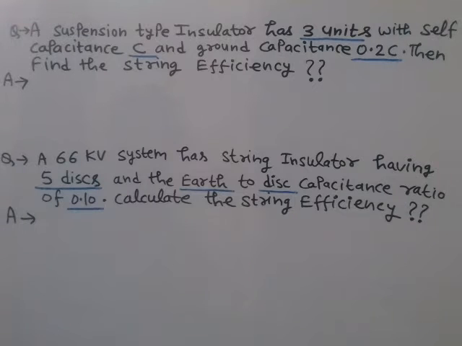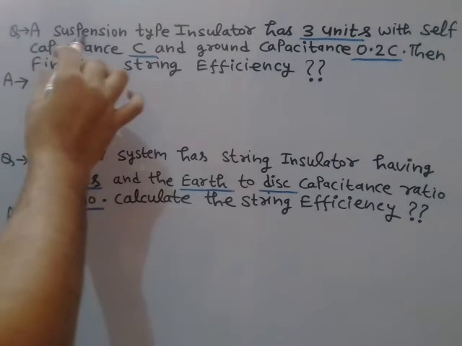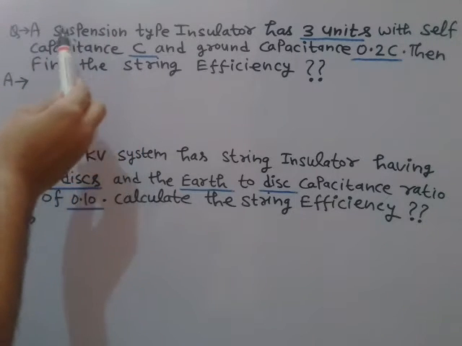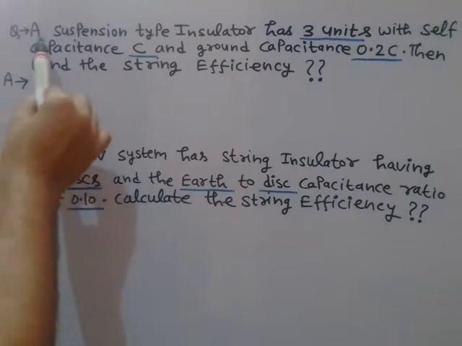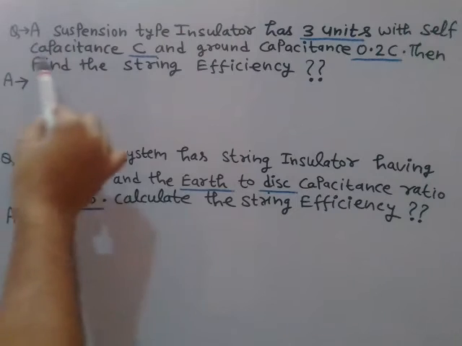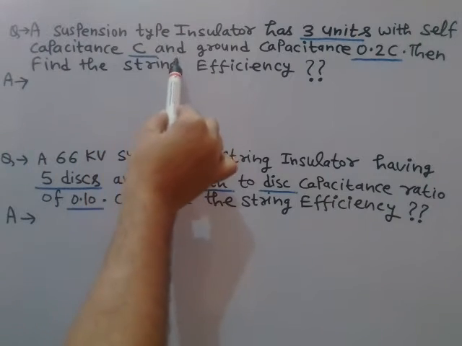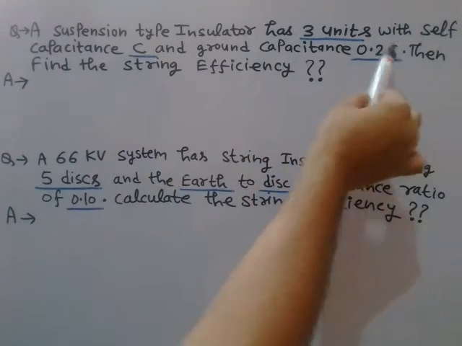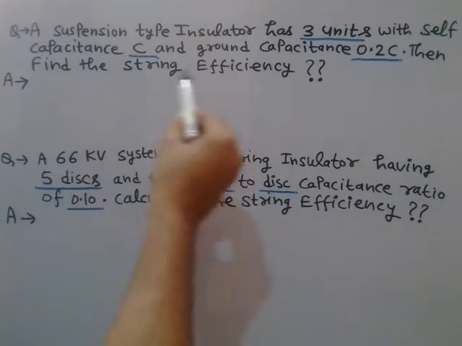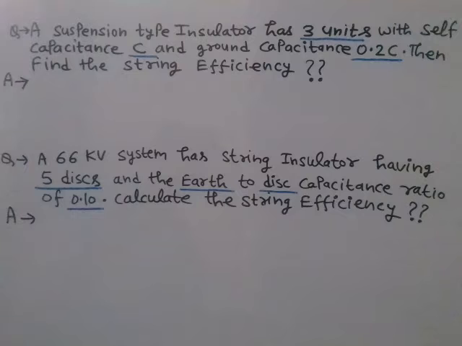So, this is a suspension type insulator numerical, a power system numerical. The question is: a suspension type insulator has 3 units with the self capacitance C and the ground capacitance 0.2 C. Then find the string efficiency.